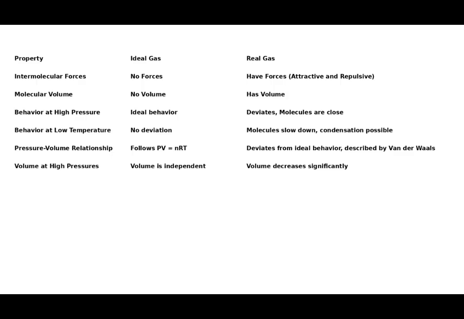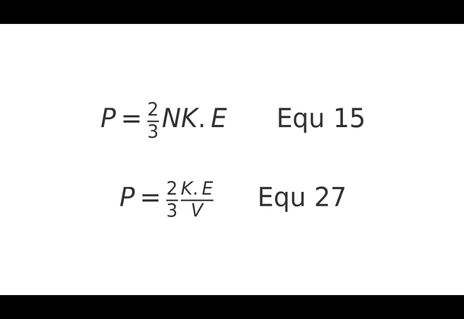Equation 15, as restated here, shows the relationship between the pressure and the average kinetic energy, K.E, of the ideal gas, while equation 27 shows the relationship between the pressure, P, and total kinetic energy of the real gas.